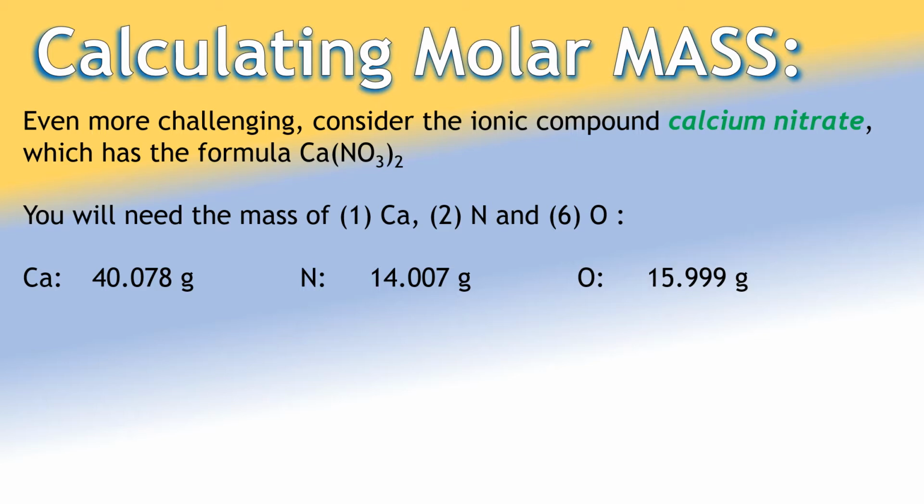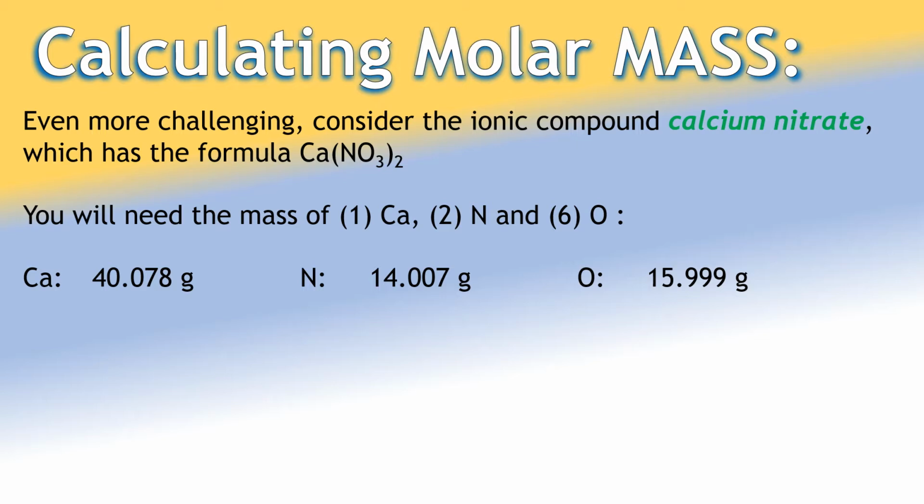Now from the periodic table, calcium is 40.078 grams, nitrogen is 14.007 grams, and oxygen is 15.999 grams. That's the mass of the individual element by itself. But we only need 1 calcium, and we're going to need 2 nitrogens and 6 oxygens.